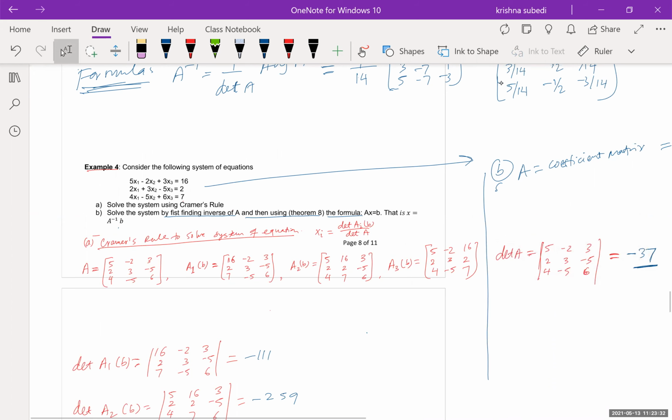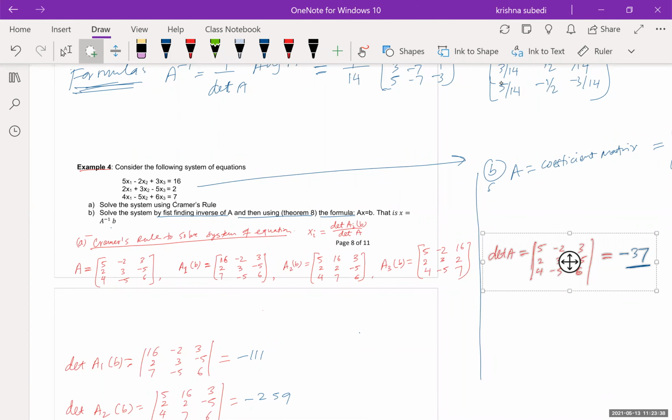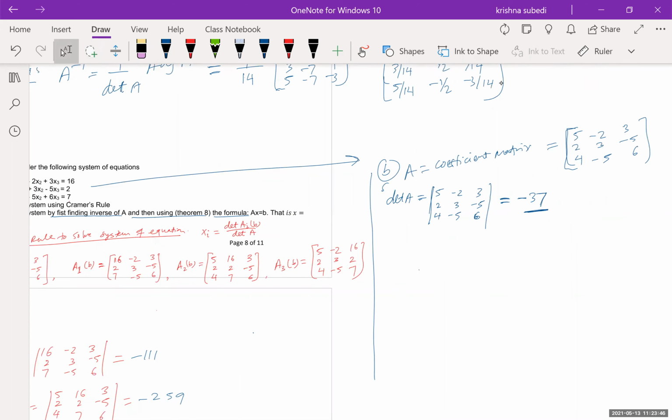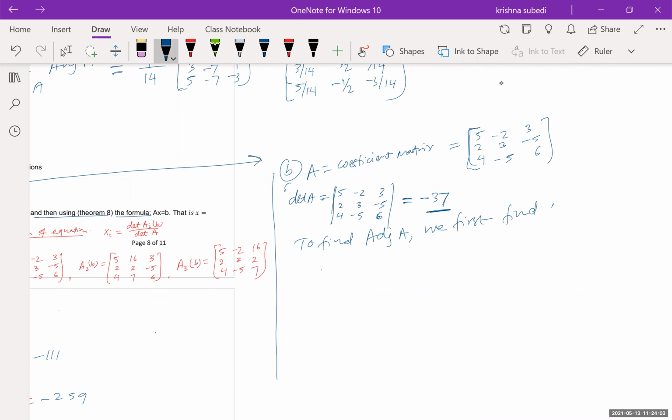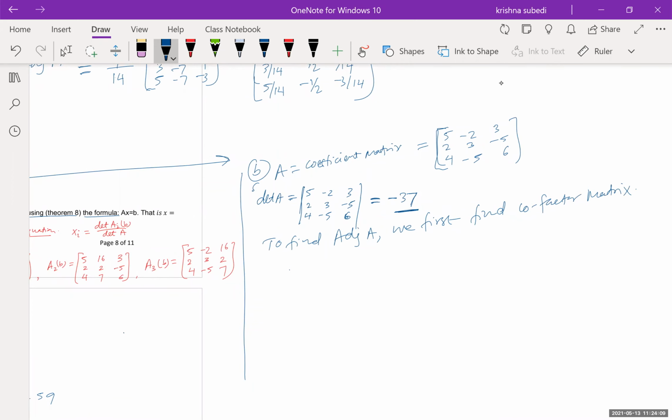Determinant we already found. Let us find the cofactors. To find the adjoint of A, we first find the cofactor matrix. So let us find the cofactors.